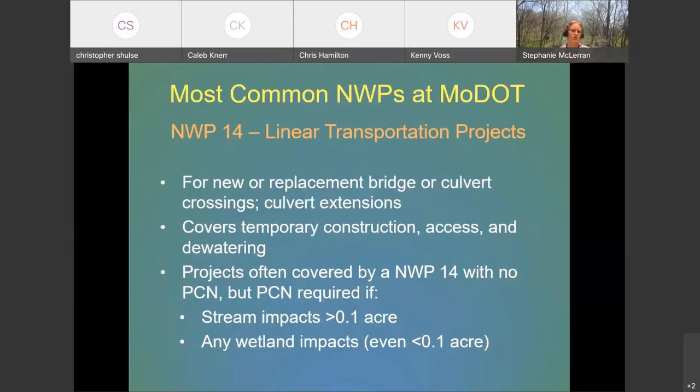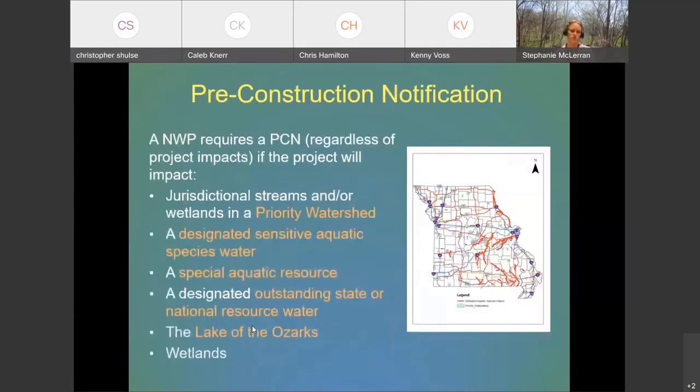And like the 3, a lot of the time we fall under nationwide permit 14 with no PCN to the Corps required. But if we're over 1/10 of an acre of impacts, we need to notify the Corps. And in this case, if there are any wetland impacts, even if it's below 1/10 of an acre, we need to notify them.